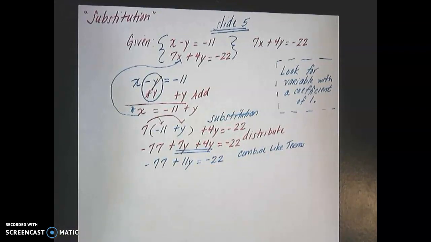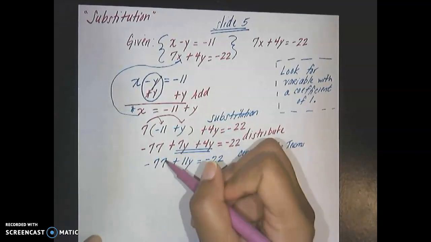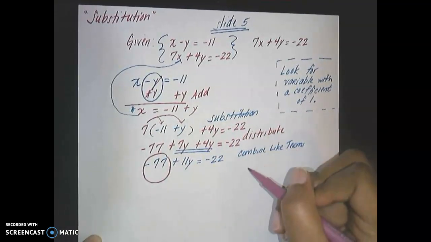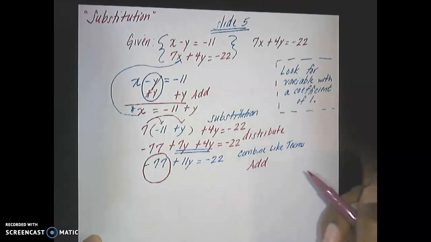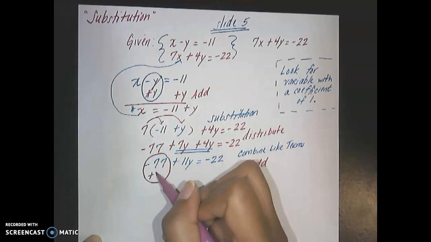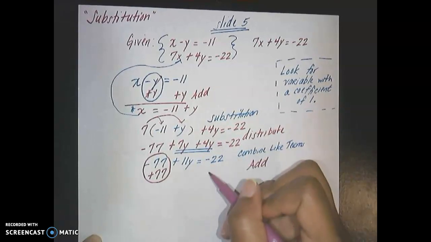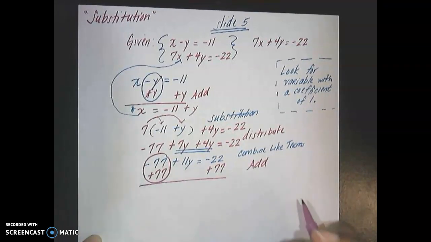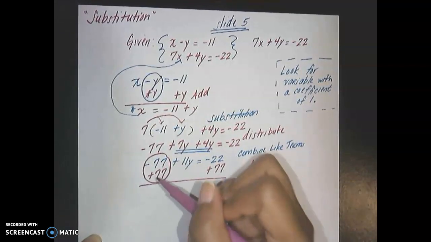My next step, since I'm solving for y, is to make this negative 77 become a 0. The only way to do that is to add. Now I know it's going to seem like I'm going through this fast, but be mindful that you can always rewind or pause this, or if you want to try something out, you can pause my voice.